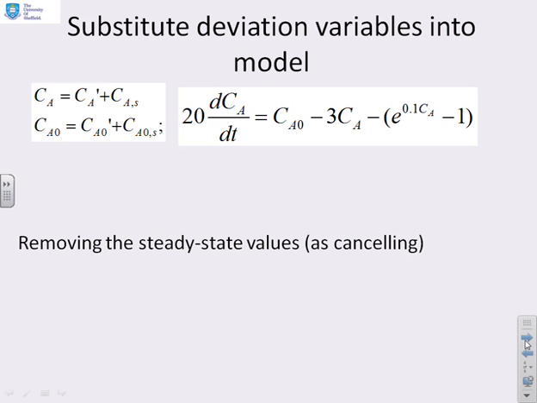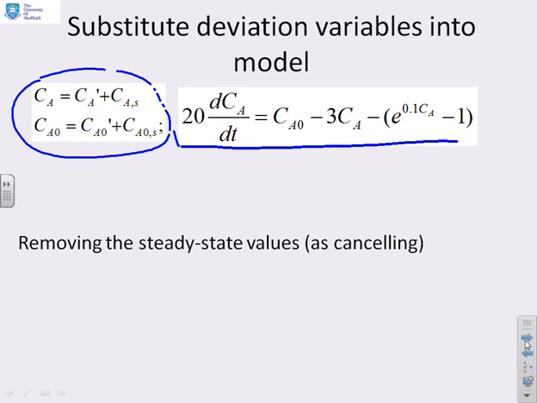So there we go, a reminder of how we define our deviation variables, a reminder of the model that we've just derived. However, just in case you've forgotten, we've said that this term here can be approximated as 0.1 Ca. So that's what we're going to do hereafter.